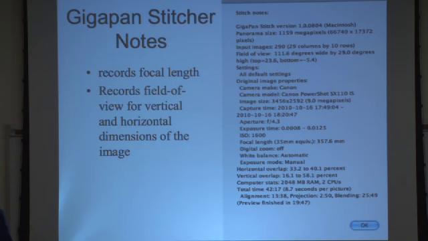The more percent overlap that you have, as you might be able to see down here, horizontal overlap 40%, vertical overlap 58%, the more overlap you have, that indicates how much curvature the Gigapan is going to have. So again, that's going to be helpful down the line. For now, just keep that in mind.